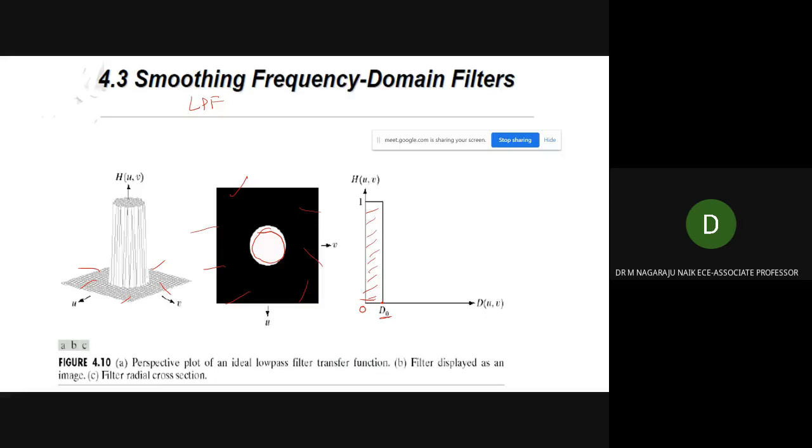Now what is this? A is a perspective plot of the ideal low pass transfer function, and B is the same filter displayed as an image. It is a 3D perspective plot, and this is the filter radial cross section.